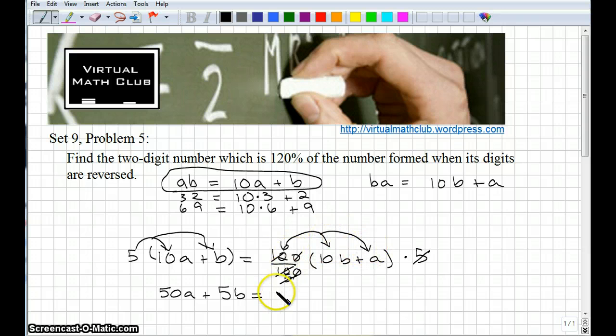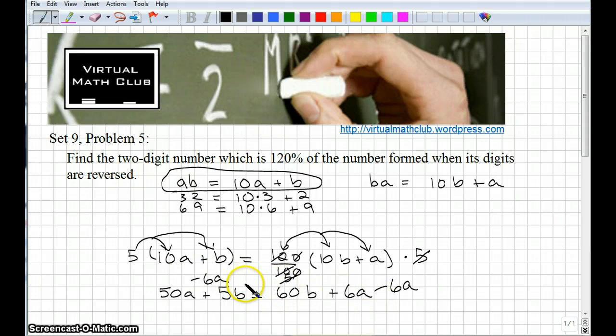I've got 60b plus 6a. Well, let's get our a's and our b's together. If I subtract 6a from both sides, that will make 0 over here. And I'm doing the same thing to both sides, so the equality still holds.